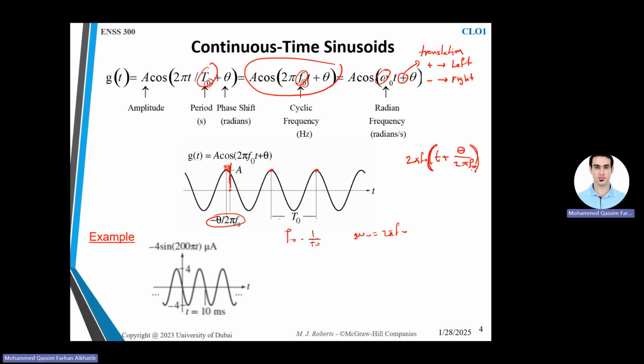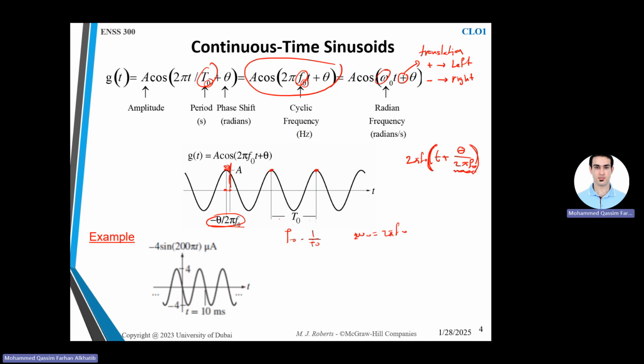So this is the value of the shift, not just theta itself, but theta over 2 pi f naught, and that's what you are getting here. And here the sign, because you're shifting to the left, is a negative value, but the amount is theta over 2 pi f naught. You've done that in math, I believe. Shifting in time. No? Okay, we'll see it a lot this semester.